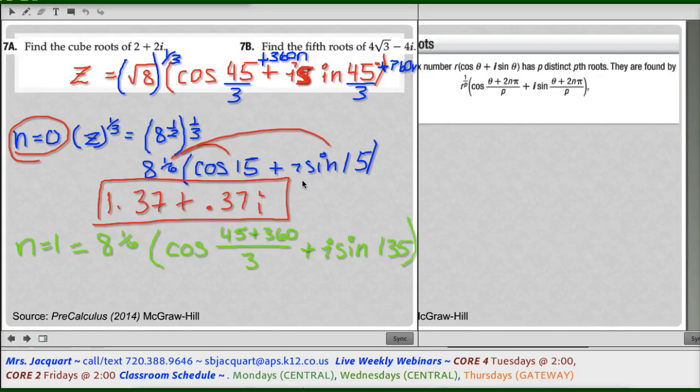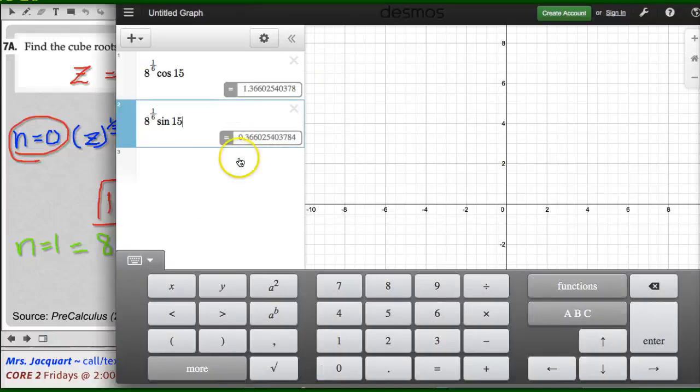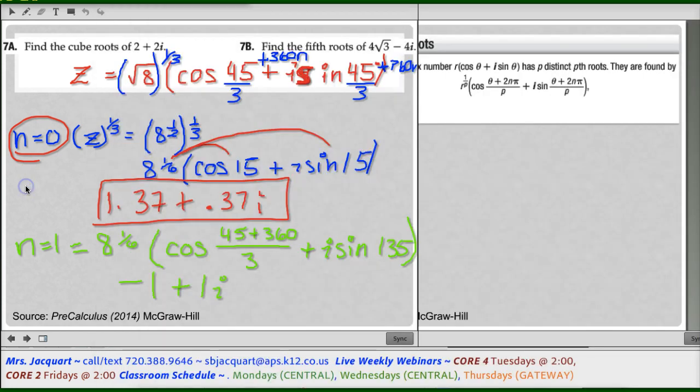Okay, when I crunch my numbers, that's what I get when I take 45 plus 360 divided by 3. I get 135. So let's go to our calculator. The only thing we have to change is the angle, so that's 135. So this becomes -1 plus 1i. Oh, it wrote it. Nice.